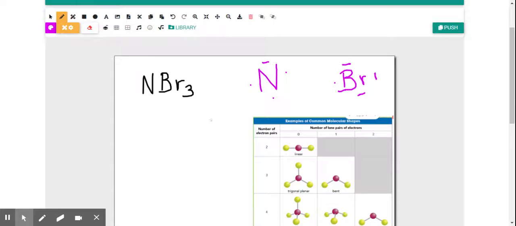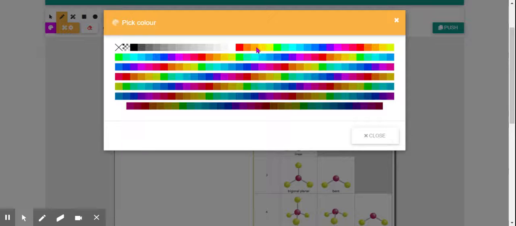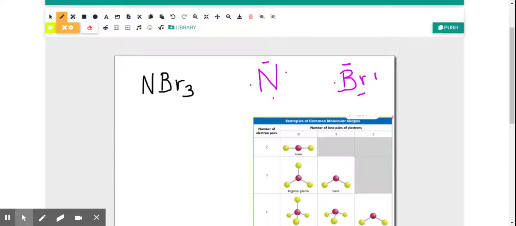The reason we drew these first is we wanted to see which of these elements has the most solo electrons, and therefore would be in the middle of our molecule. In this case, nitrogen can form 3 bonds, bromine 1.